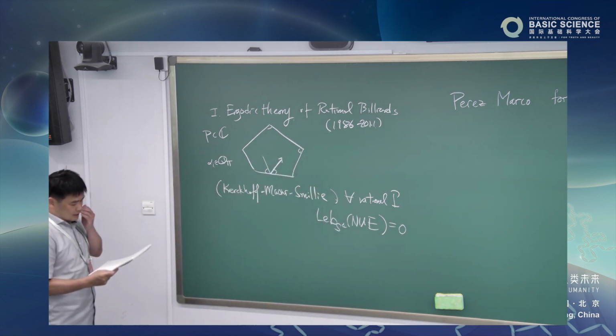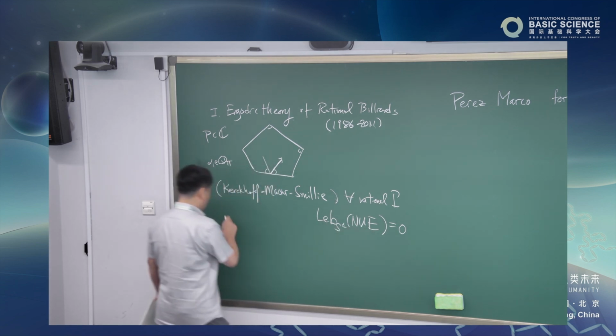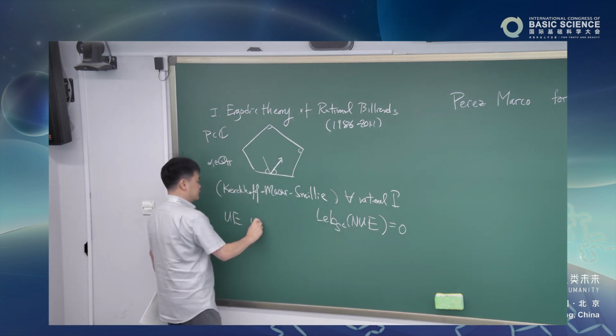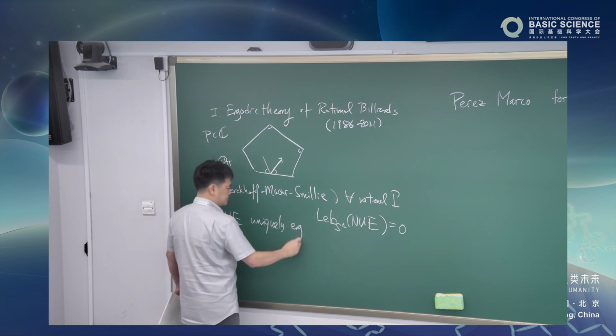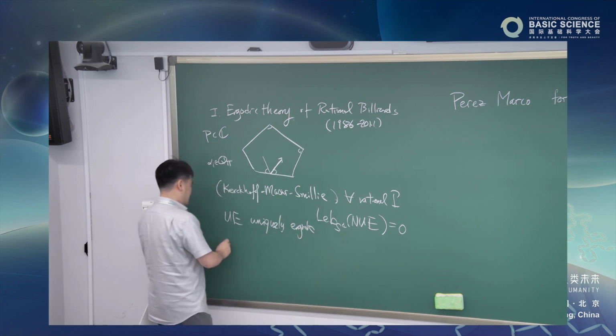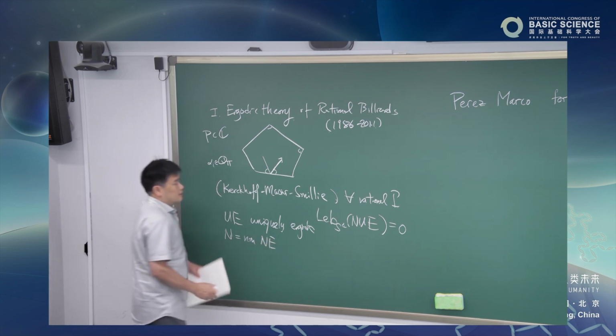Here I'm just going to say really briefly what I mean by NUE. UE is my shorthand for uniquely ergodic, and N just stands for non-uniquely ergodic. Okay.